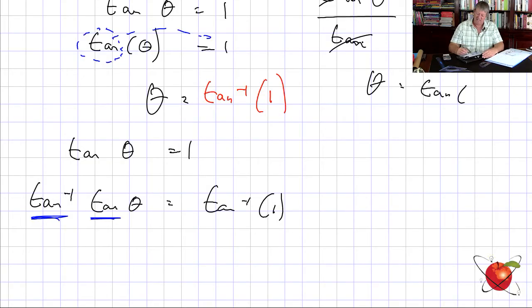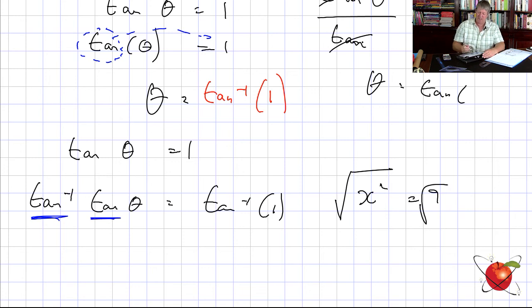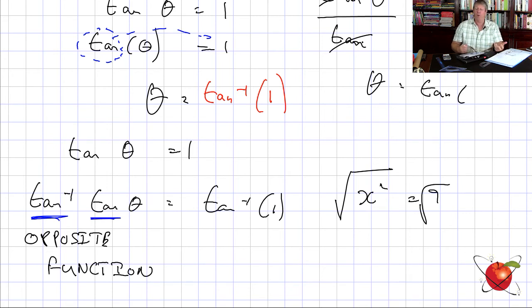It's the same as if I told you that x squared is equal to 9. You want to get rid of the square. What is the opposite function to squaring? Square root both sides. That's what I've done. The tan was like the square, and I've done the opposite function, the opposite operator.